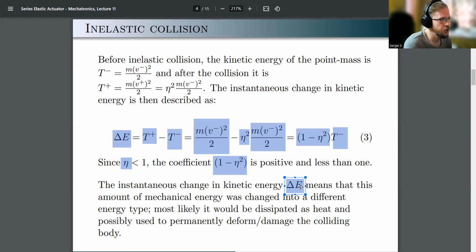So a resistor was effectively a machine that transferred electrical energy that, for example, could be stored inside a capacitor or a battery, into heat energy, something that could be dissipated, increasing ambient temperature. Well, here, delta E would also have to be dissipated somehow, transferred into something.